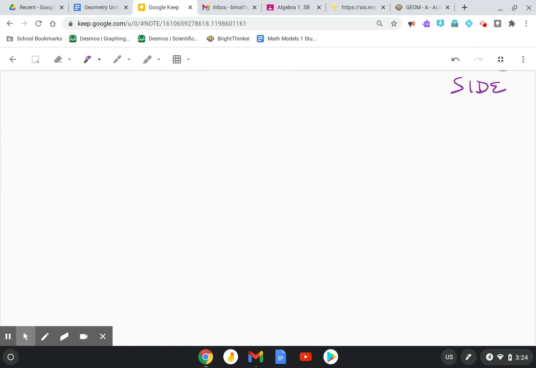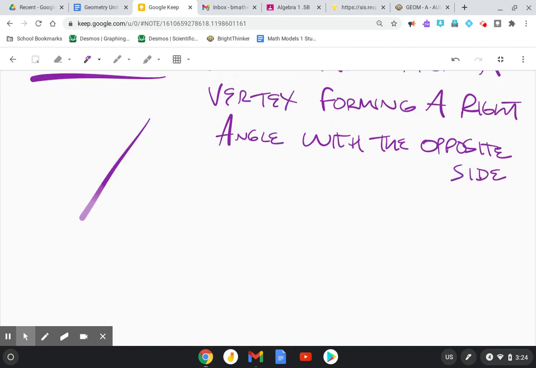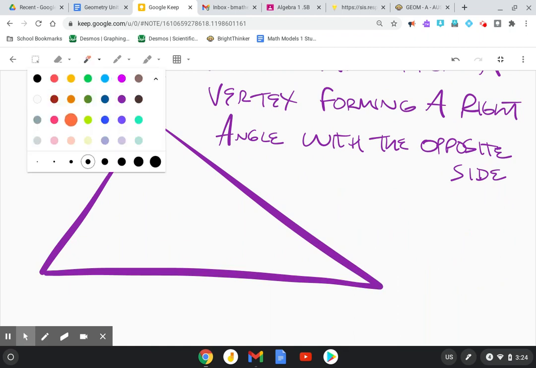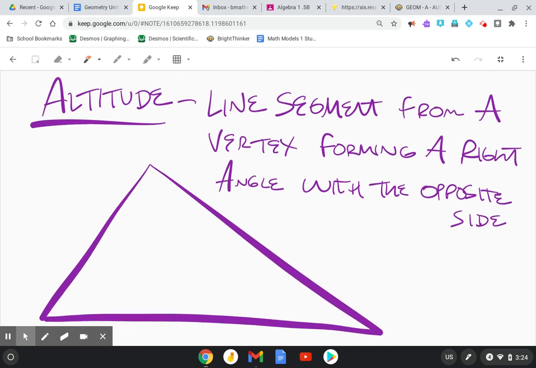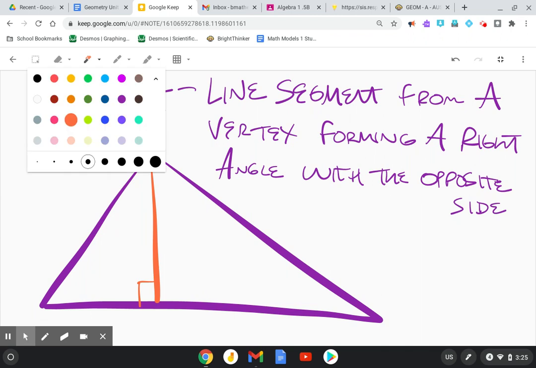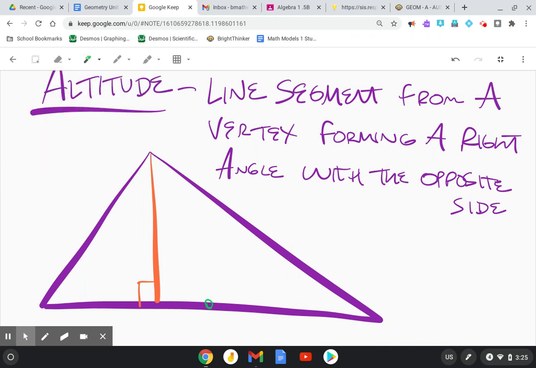So let's look at the same triangle I just got done drawing. What does the altitude look like on this triangle? It's simply the line that goes straight down. It makes a right angle. So you can see earlier, our median went over here because that was the midpoint, whereas the altitude goes straight down to make a right angle.